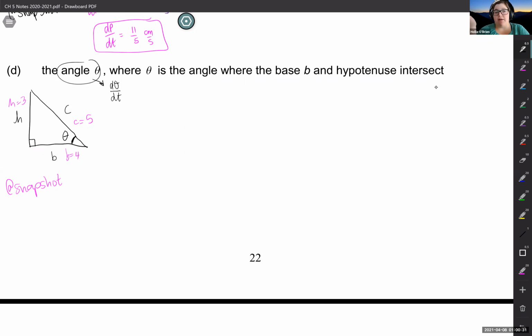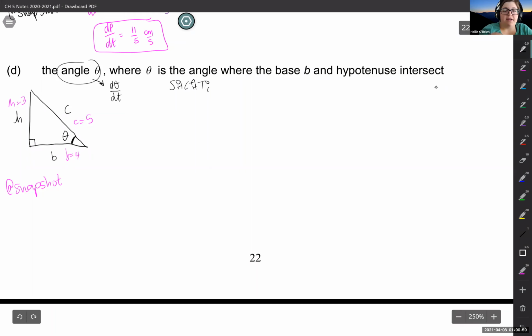You have multiple options here, but you need a way to relate the angle with some of the sides. And personally, if I use sine or cosine, I'm gonna have to deal with the hypotenuse, right?